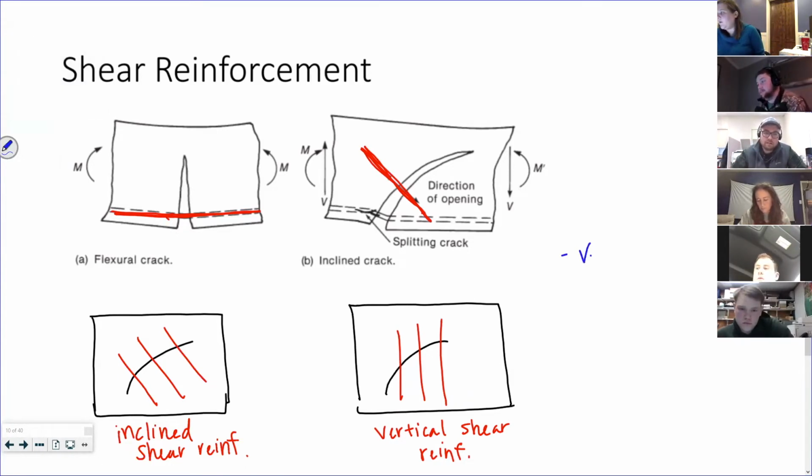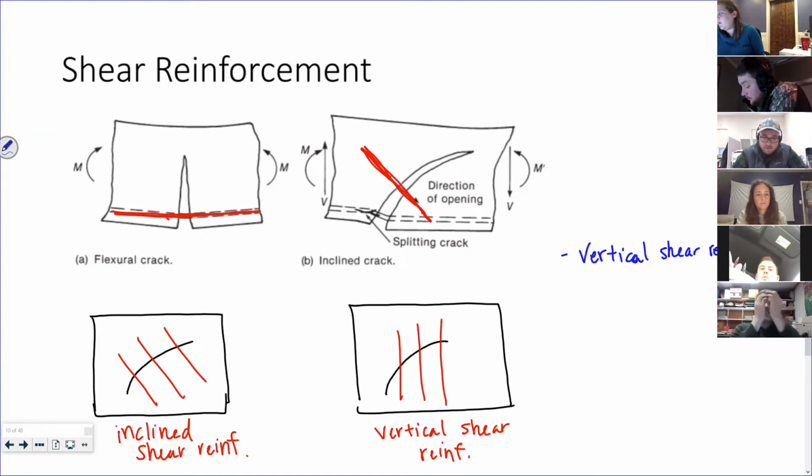So we put vertical shear reinforcement in the US.